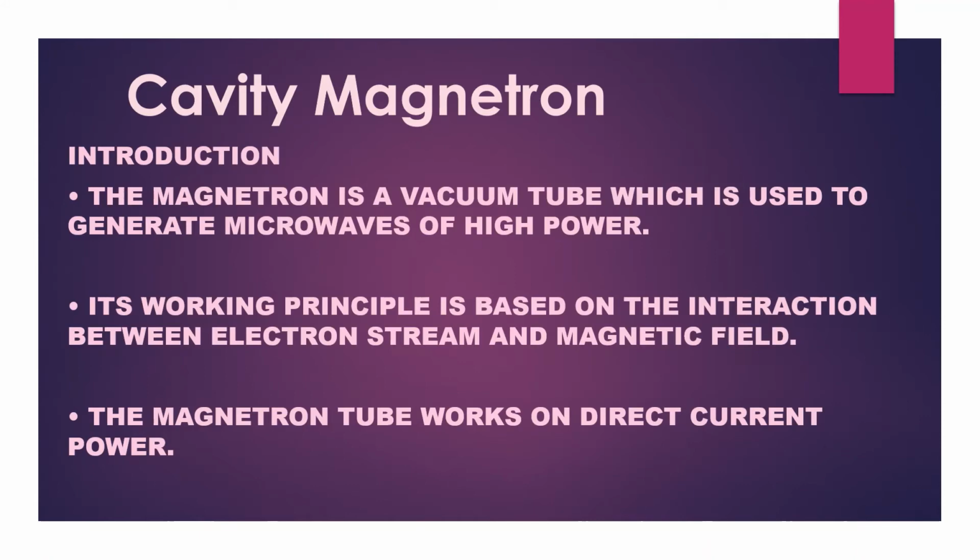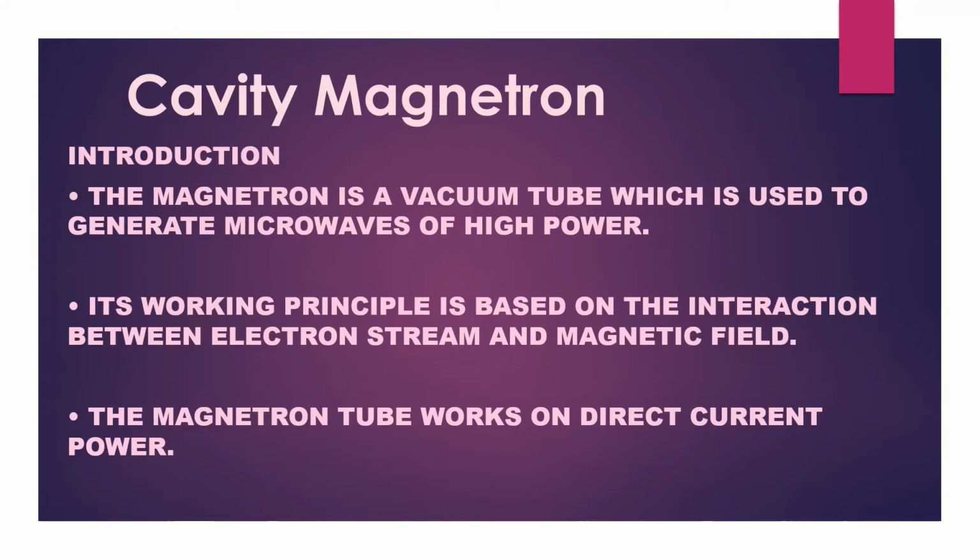The next circuit which we'll try to understand is the cavity magnetron. Both are microwave oscillators, okay, but with different types of construction. So that is what we will try to understand. A cavity magnetron is a high power vacuum tube used in early radar systems.